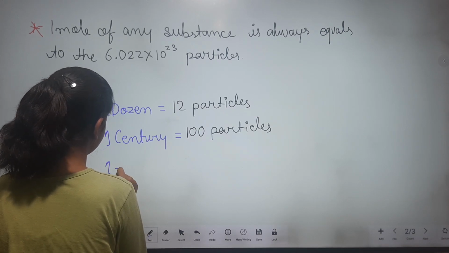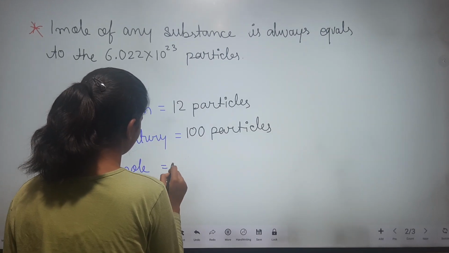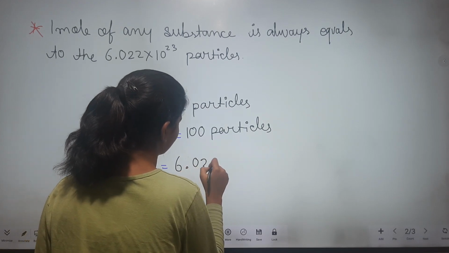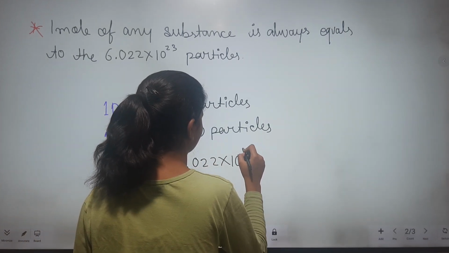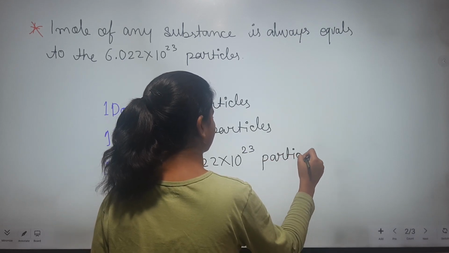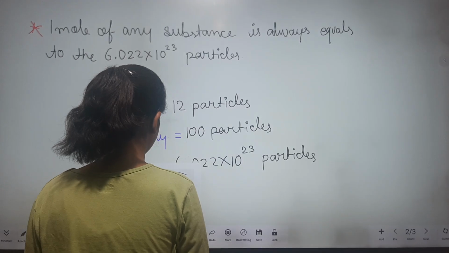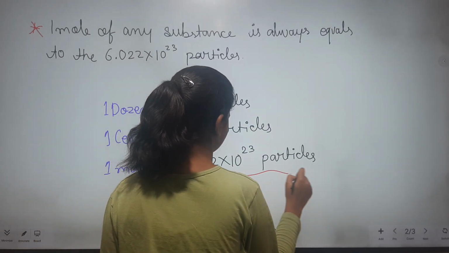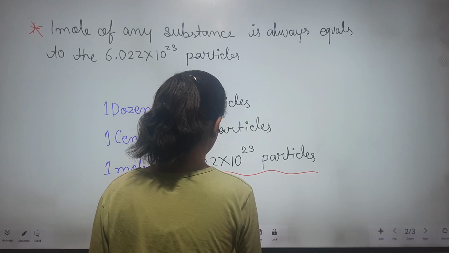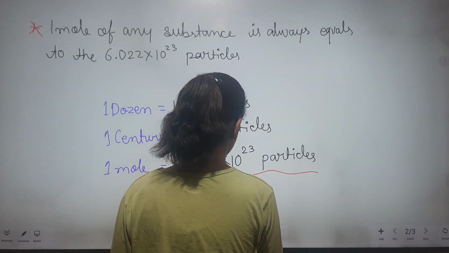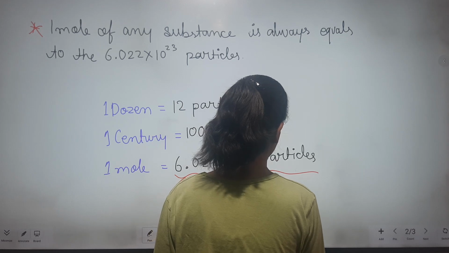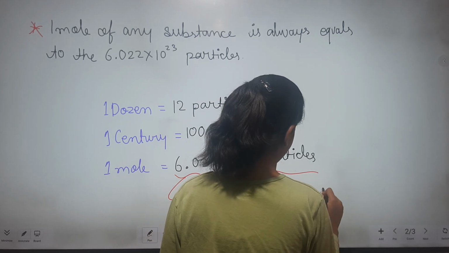And here 1 mole is equal to 6.022 into 10 to the power 23 particles. Okay, this one is our Avogadro number.